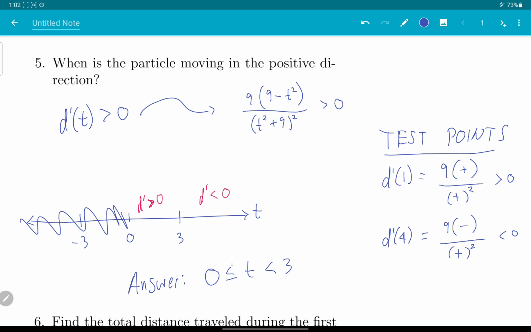So at 0, you'll notice if I plug 0 in here, I get a positive number. So at 0, the particle is moving in a positive direction, so therefore this inequality is not strict. At 3, my inequality is strict because at t equals 3, my velocity is 0. Okay, my particle is not moving in the positive direction.